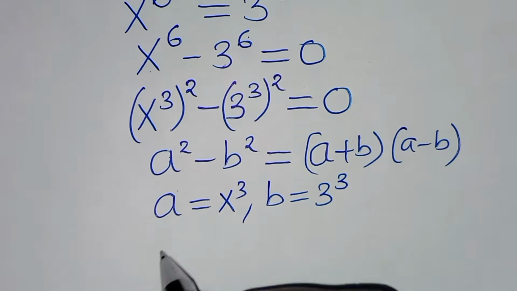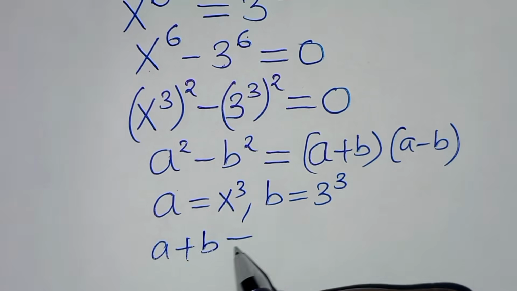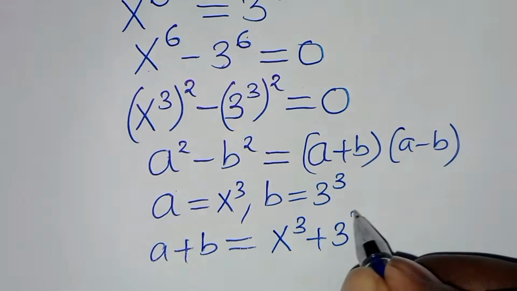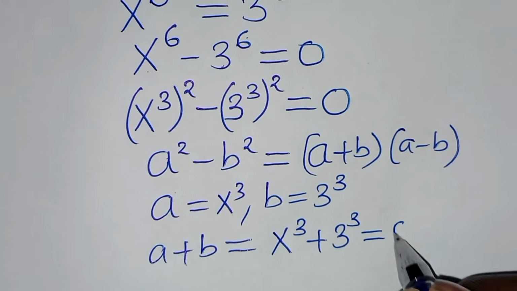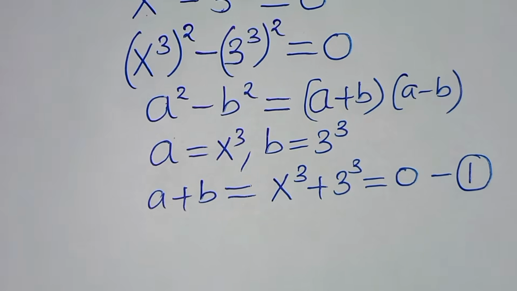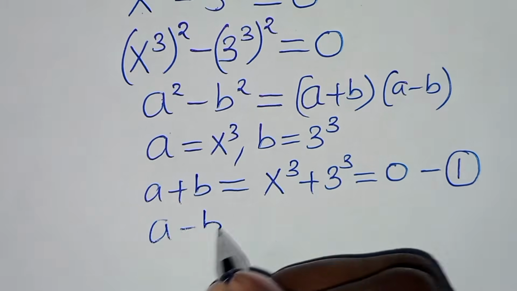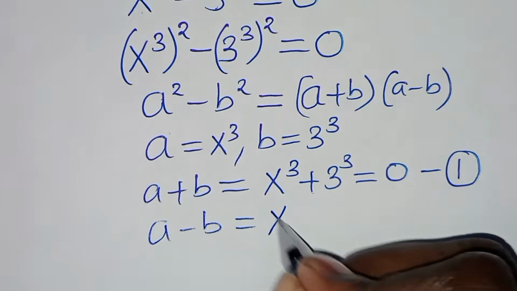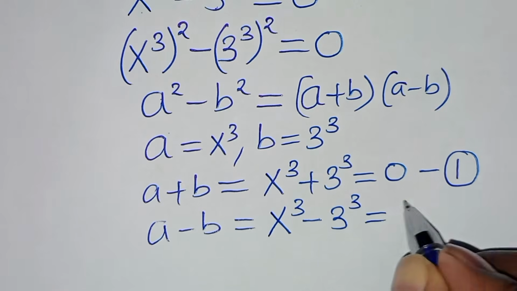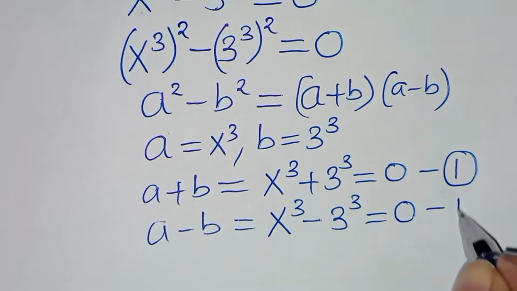So a plus b is x to the power 3 plus 3 to the power 3 equal to 0. Let's call this equation 1. And a minus b is x to the power 3 minus 3 to the power 3 equal to 0. Let's call this equation 2.